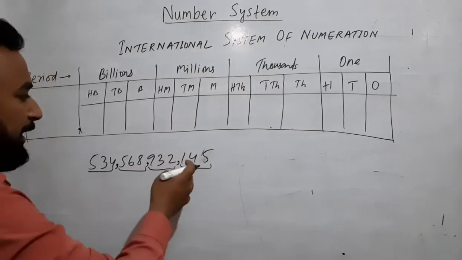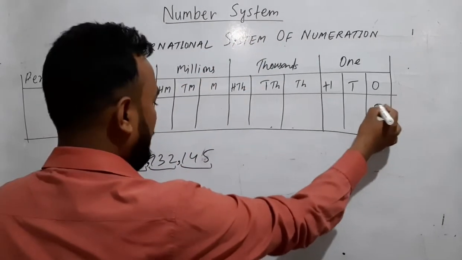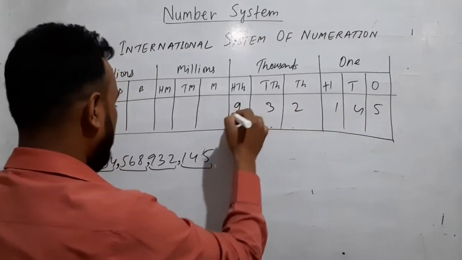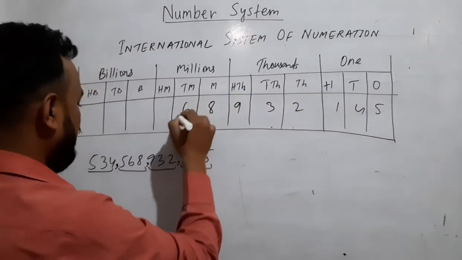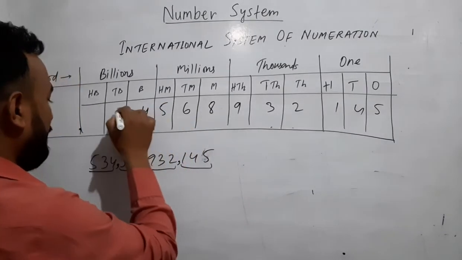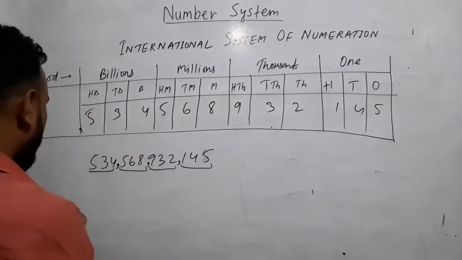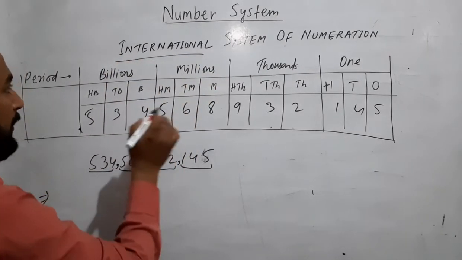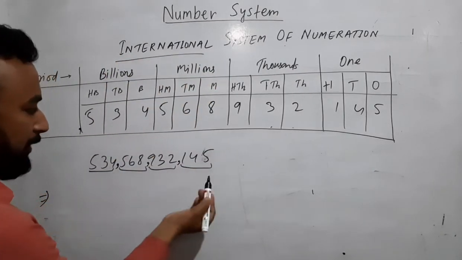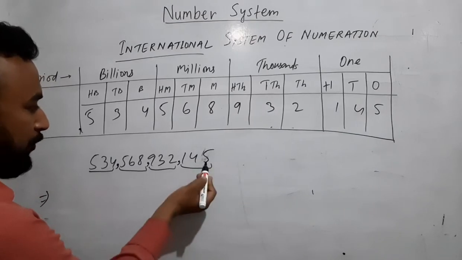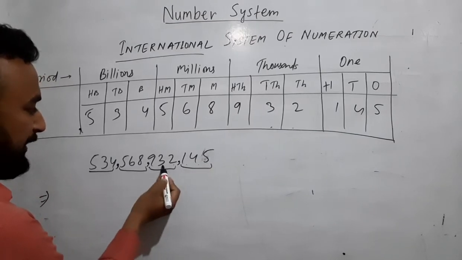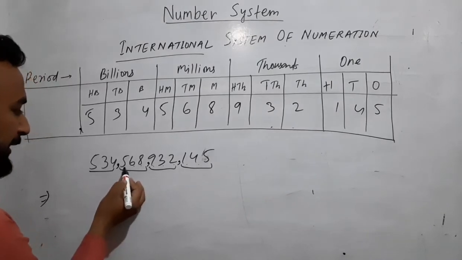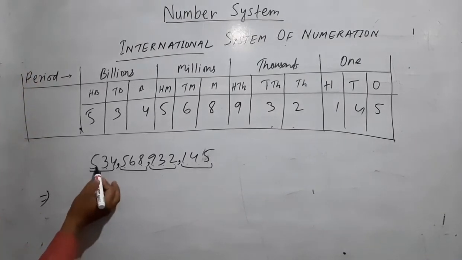So first I am arranging the number here: 5, 4, 1, 2, 3 9 8 6 5 4 3 and 5. See, how do we write it in words according to the international system? First of all, read from the right side: ones, tens, hundreds, thousands, ten thousands, hundred thousands, million, ten million, hundred million, billion, ten billion, hundred billion.